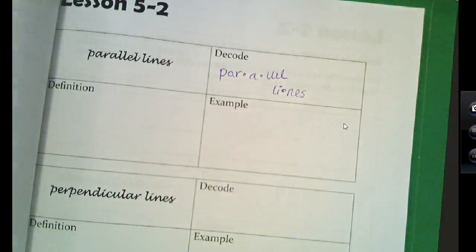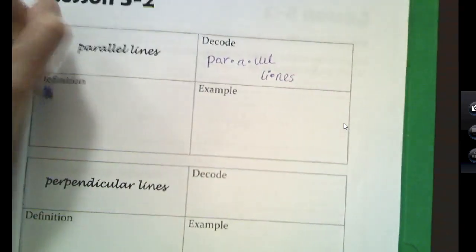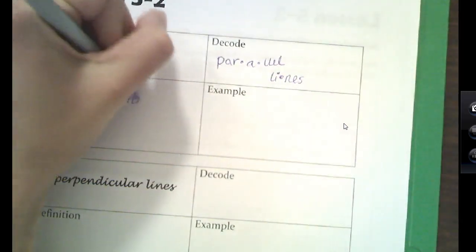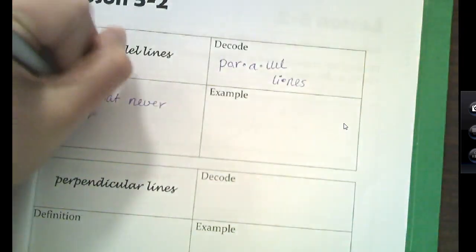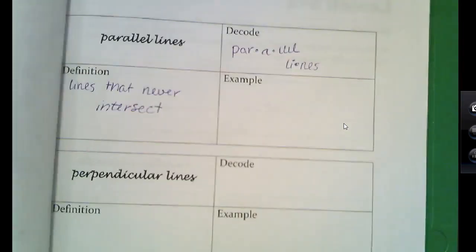So our first vocabulary word today is parallel lines. Parallel lines are lines that never intersect.